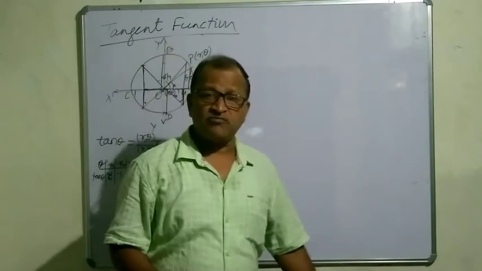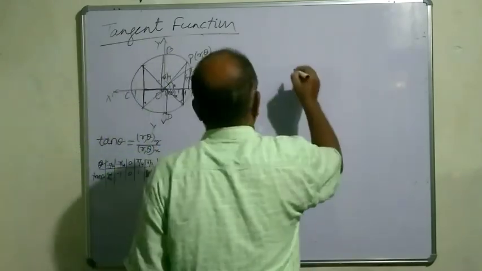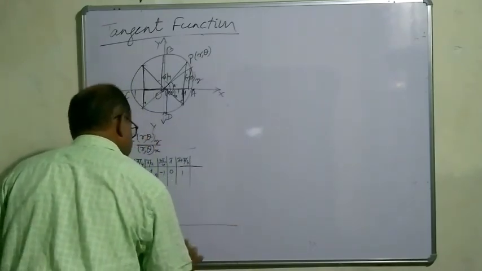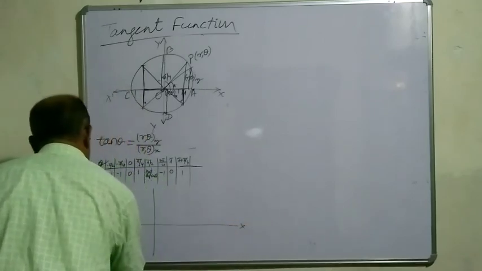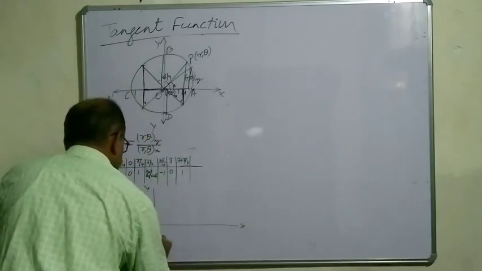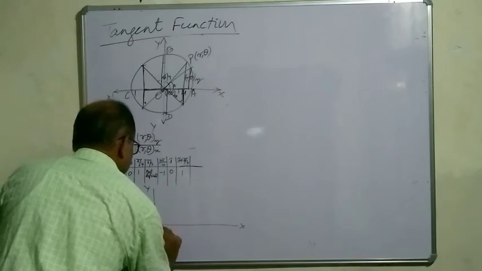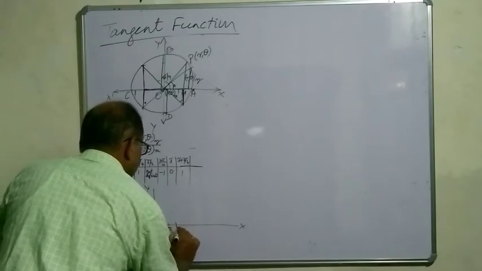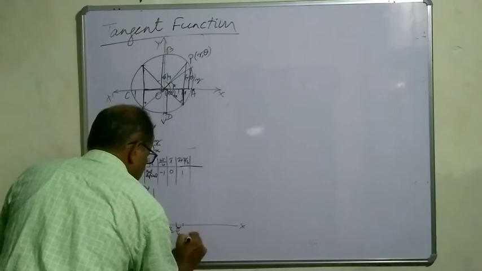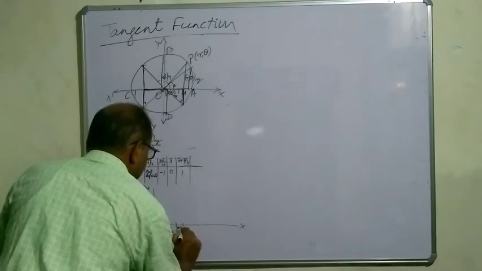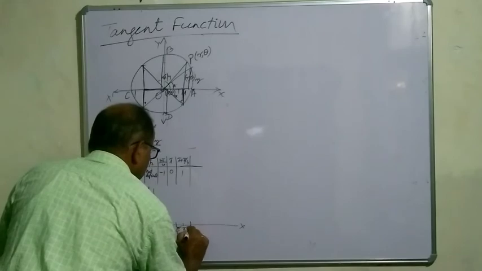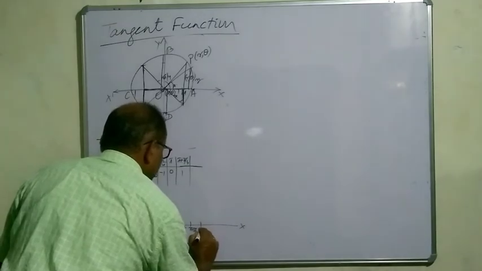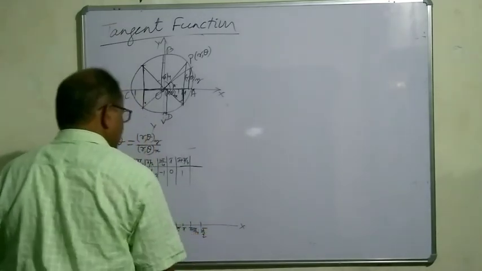So let us draw the graph of this function. Suppose this is x-axis, this is y-axis, and this is say pi by 4, it is 0, pi by 2, 3 pi by 4, right? Then pi plus pi by 4, 3 pi by 2, like this.